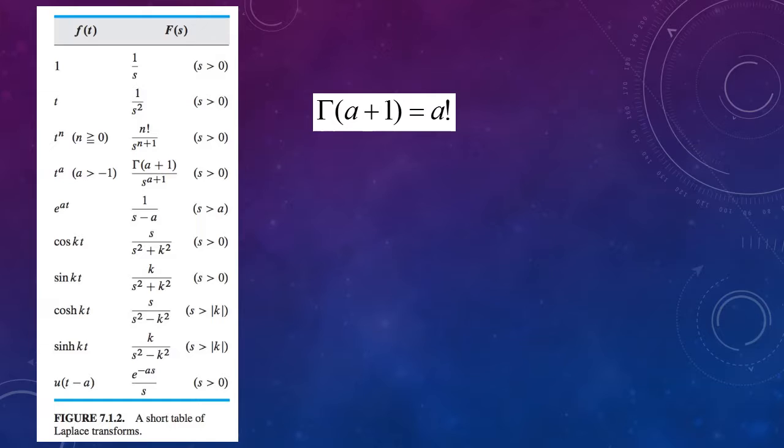So there's this gamma function right here, and the definition of the gamma function of a plus 1 is equal to a factorial. So we need to know that. And then there are much larger Laplace transform tables in the inside cover of your textbook, and these tables will be given to you for exams, so you don't have to memorize the Laplace transforms. Although if you use them enough, they will get stuck in your long-term memory.